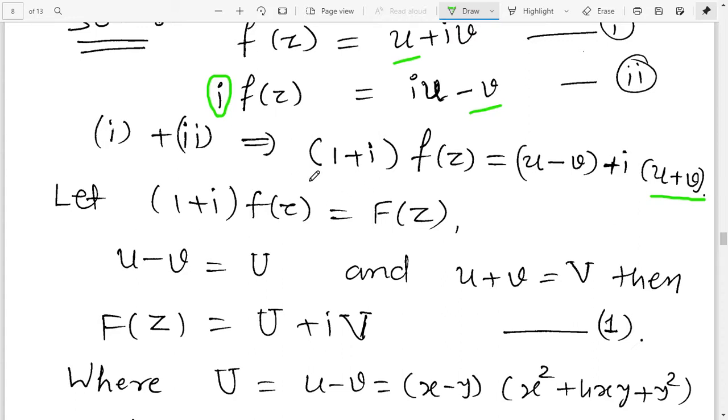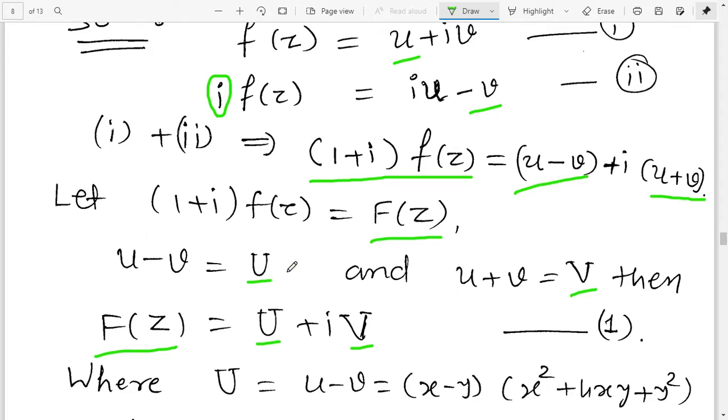Let (1 + i) f(z) equal capital F(z), the real part be capital U, and the imaginary part capital V. So U = u − v and V = u + v.